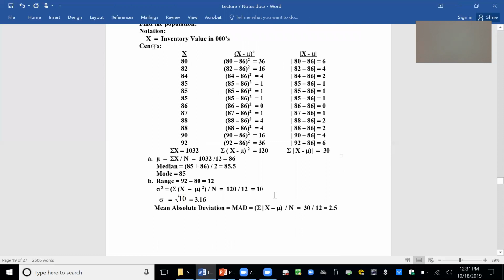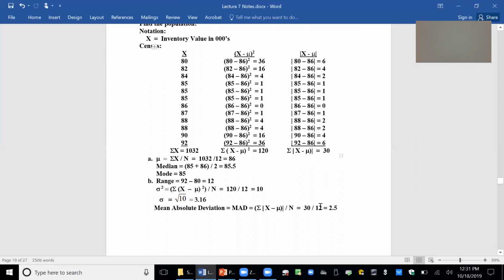Our measures of variability or dispersion: I take the square of the difference of each value and the mean, or I take the absolute value of each value and the mean, and the sum of the squares is 120, sum of the absolute values is 30. Dividing the 120 by 12, I get 10 as the variance.